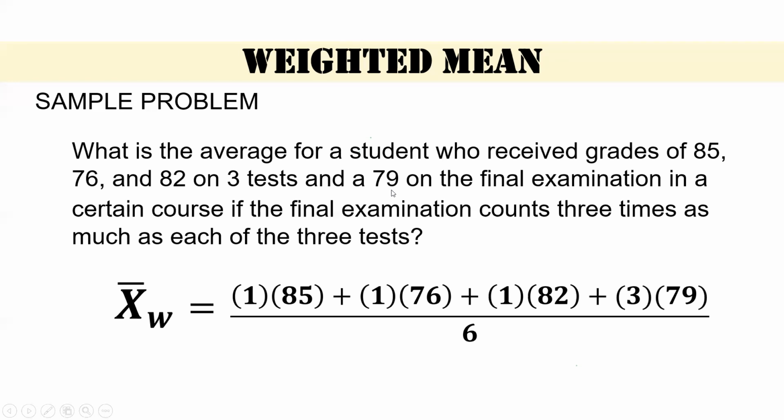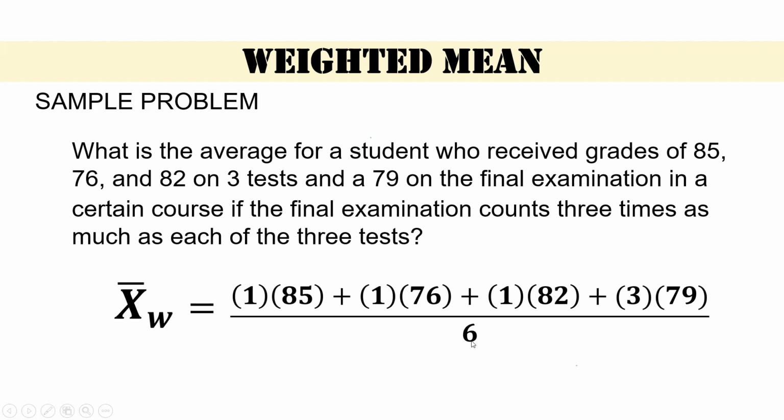Because again, the final exam has 3 times the weight. That's why 3 times 79, and after that, you add everything. So 1 times 85, 1 times 76, 1 times 82, plus 3 times 79.